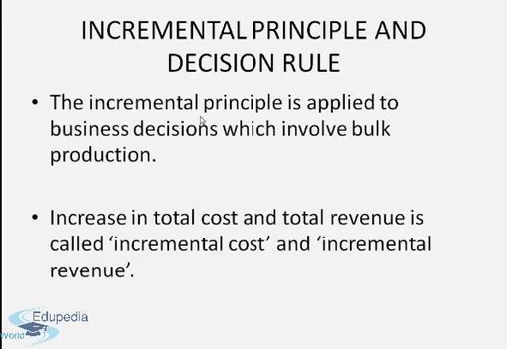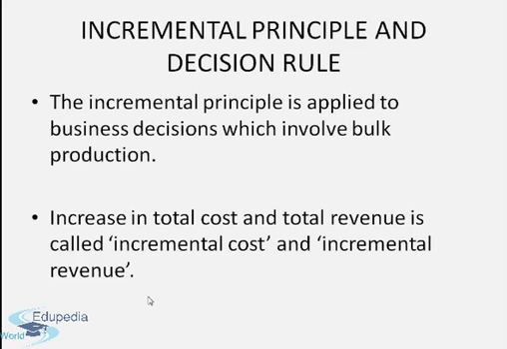They take a bulk decision. Thus, in those cases, the incremental principle plays a very important role. The incremental principle is applied to business decisions which involve bulk production. Increase in total cost and total revenue is called incremental cost and incremental revenue.